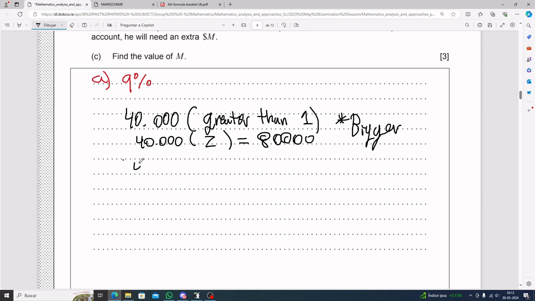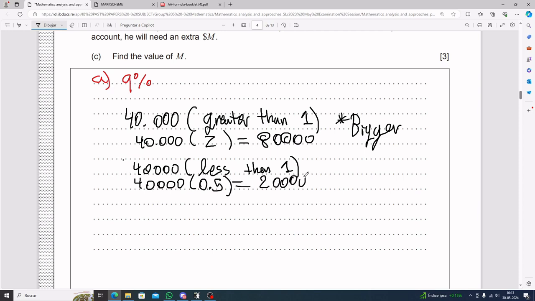And over here, if you take 40,000 and you multiply by anything less than 1, for example, 40,000 times 0.5, that's half, right? And so you actually end up with 20,000. So by multiplying by something less than 1, you end up with something smaller. Okay, so this is pretty straightforward.